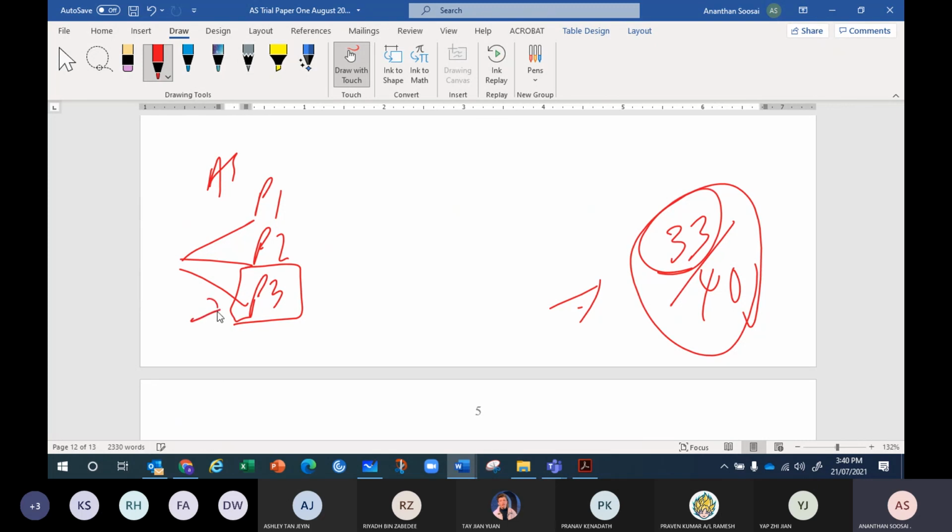Currently we don't have enough experiments done in the lab. For the 2021 May June exam, Cambridge let some colleges set just paper 1 and paper 2 for AS. Paper 3 they never set because there was not enough practical, so the 100% mark was counted based on paper 1 and paper 2 only.